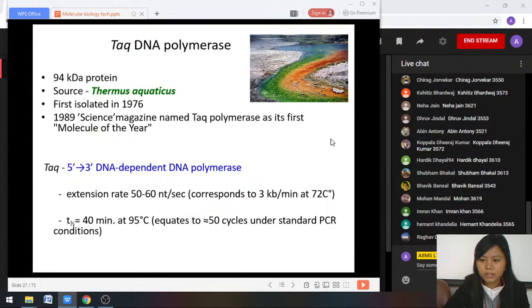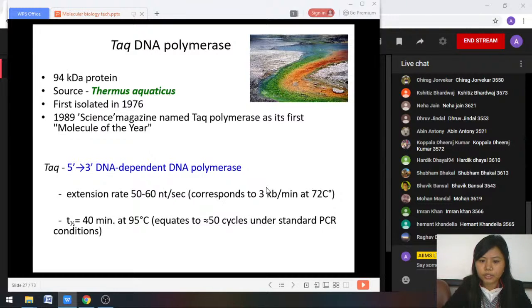Why is it important? Because when the first PCR was devised, initially the polymerases which were easily available in the lab did not have this property of withstanding high temperature. So with each cycle they had to add a new polymerase, because every time it reached 95 degrees, all the enzymes used to be denatured, because enzymes are nothing but proteins.